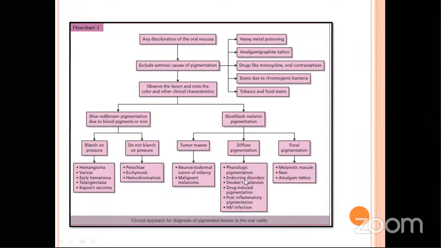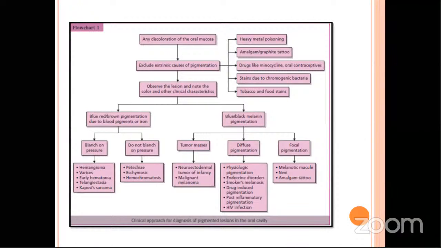Okay, and if the patient is obese with certain hormonal changes, then you should think about endocrine disorders. Okay, and if the patient is having any habit, then it is mucosal melanosis. And drug history, again drug induced pigmentation. And if the patient is taking drugs for any skin disorders, then it is post-inflammatory pigmentation. And HIV infection, certain drugs may cause pigmentation.